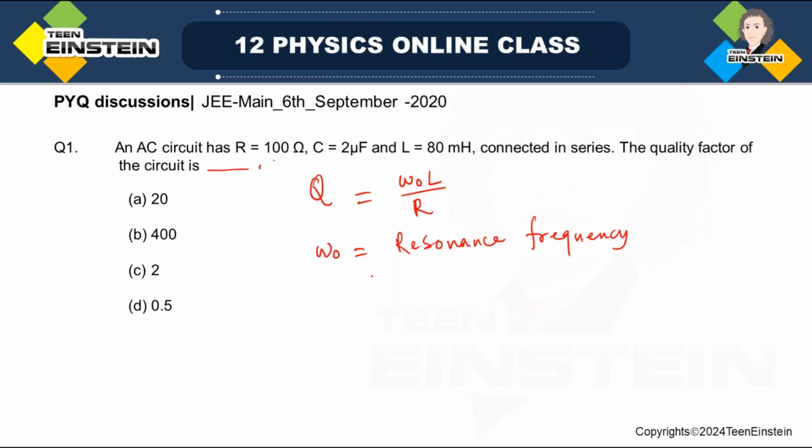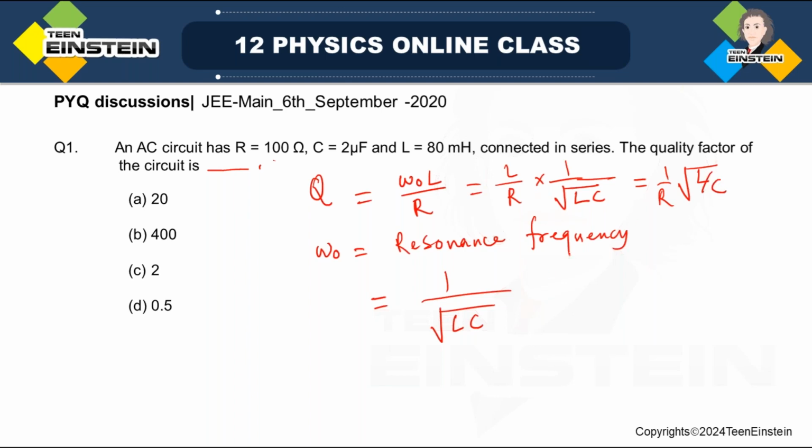So what is the expression for the resonance frequency? That is 1 over root over L into C. We all know this. So if we write this omega 0 in this expression as 1 over root LC, then look what we get: 1 over R root over L by C. So this is the expression for the quality factor.